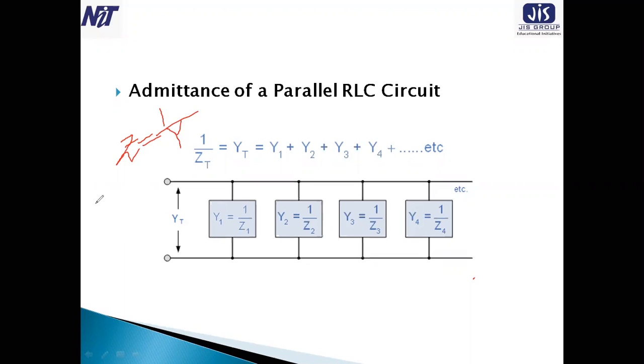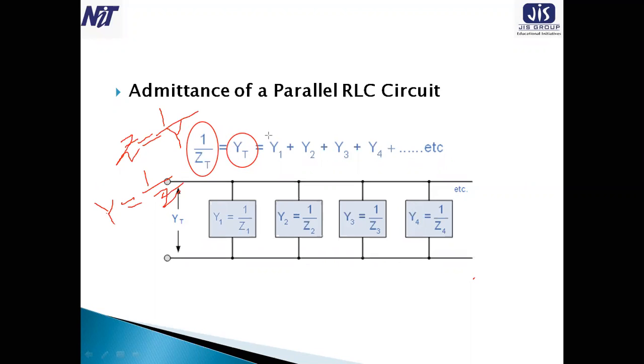So Y will be 1 by Z. Then 1 by ZT will be equals to YT, the total admittance.